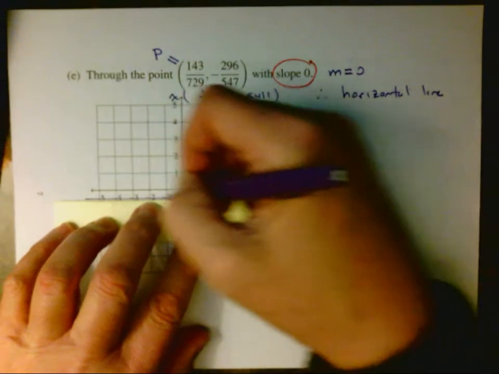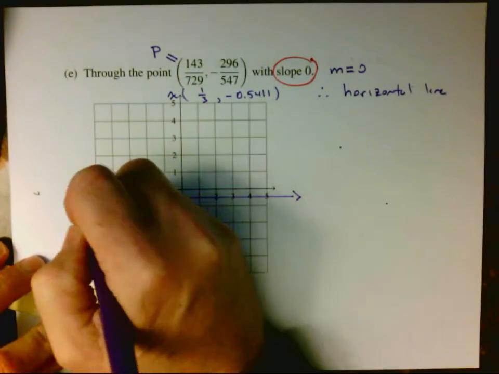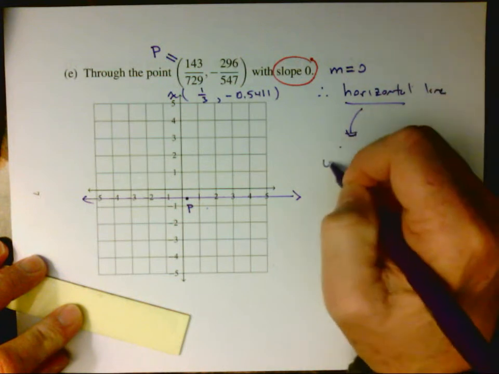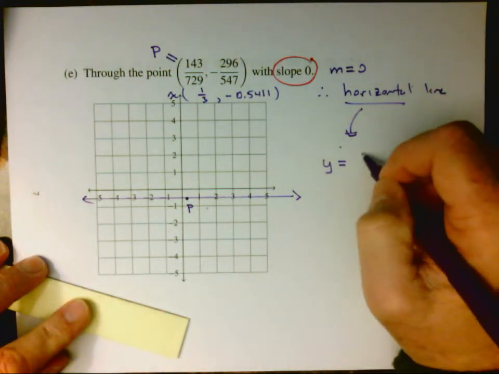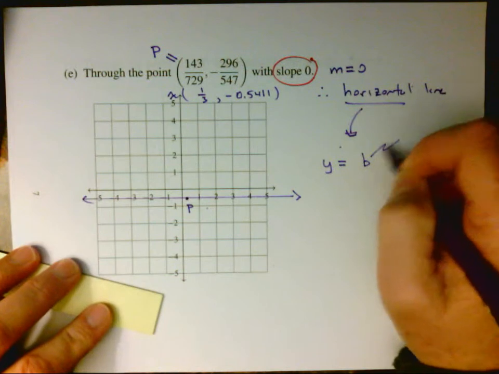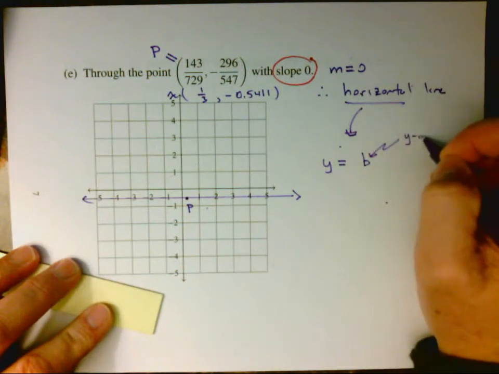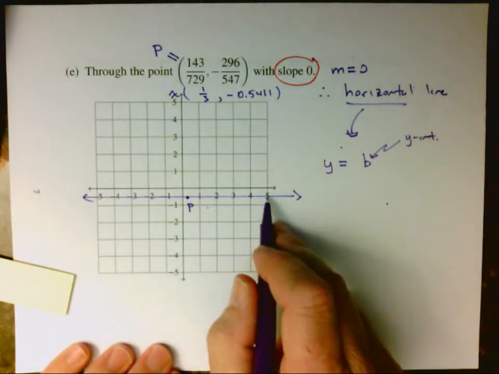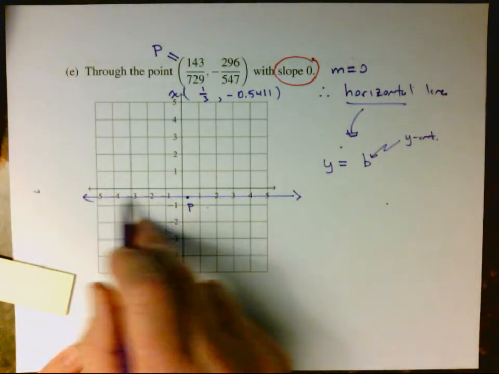The equation of a horizontal line is going to look like y equals b. B is the y-intercept, and in fact, it's the y-coordinate of any point on that line.